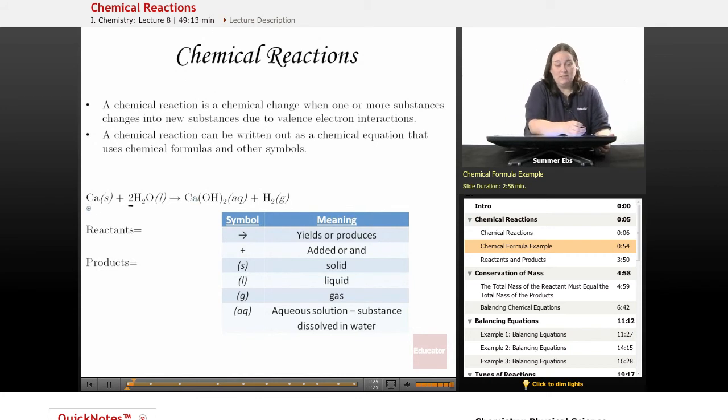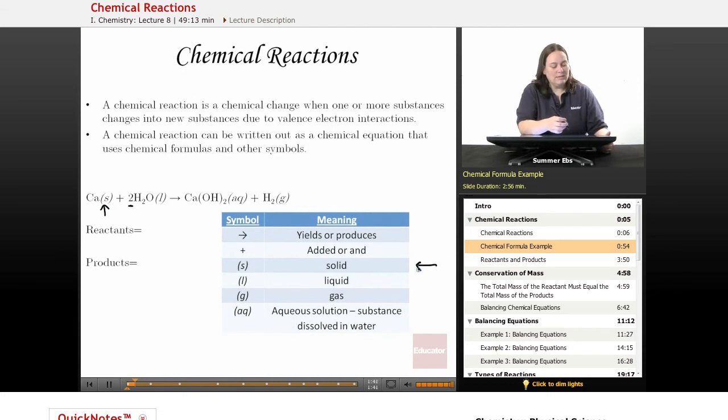Ca means we have calcium here. Right here, this s, it's in italics and in parentheses after the Ca. If you take a look at this chart that I've put up, that means that we have a solid. So in this reaction, calcium is a solid.